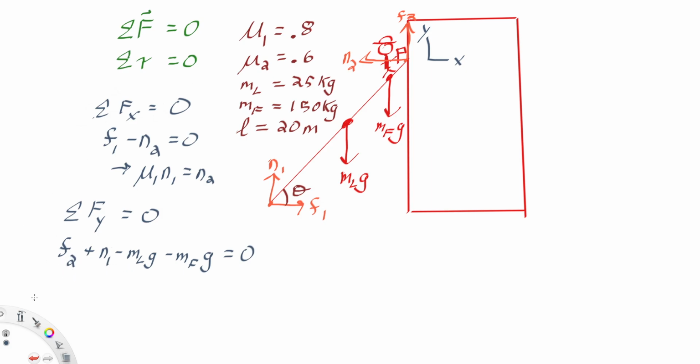May I ask a question? Of course. Why did we not consider the normal force between the person and the ladder? That is an excellent question. That's because our system is the ladder plus firefighter together. So yes, there is a normal force from the ladder to the person, just as there's a contact force from the person to the ladder.